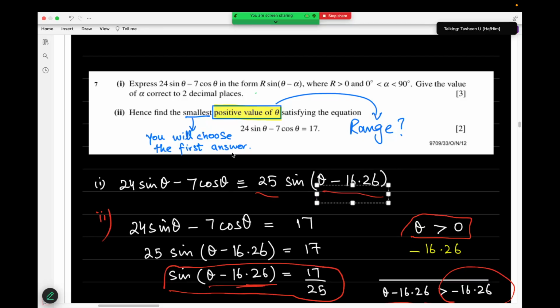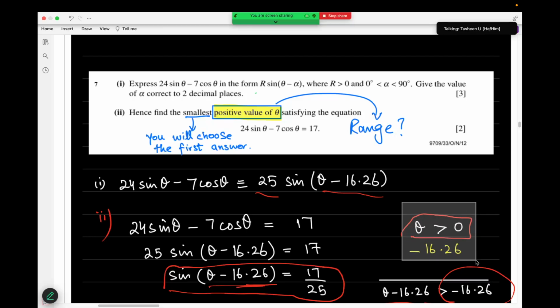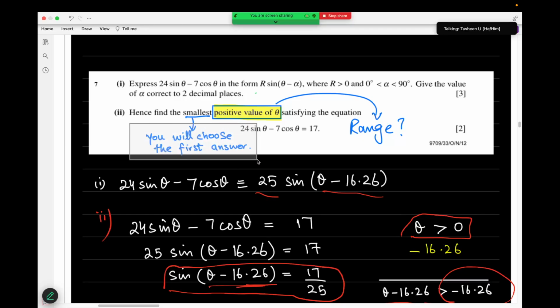What is different here? Hence find the smallest positive value of theta. You might think that there is no range given, but actually it's implied. Positive value of theta means what? Range is greater than 0. Smallest. That's why they said the smallest. You will choose the very first answer in this range.